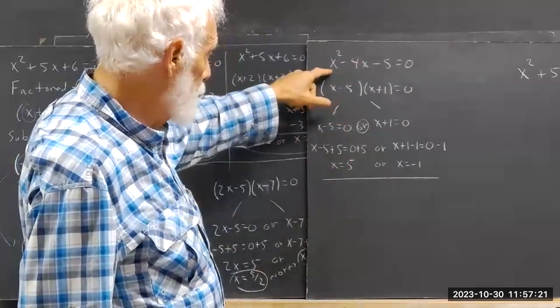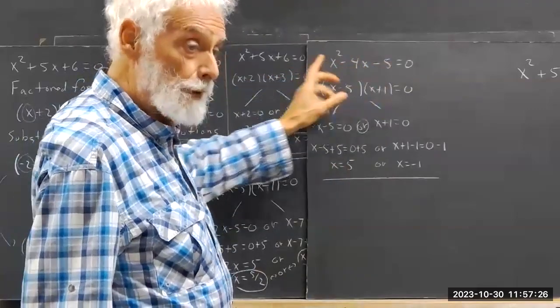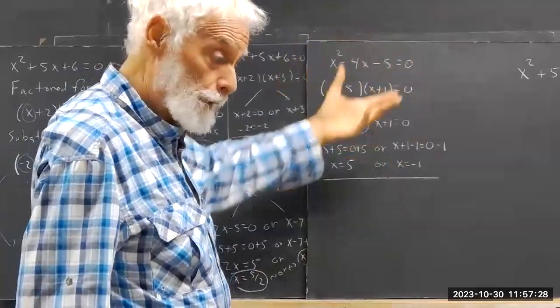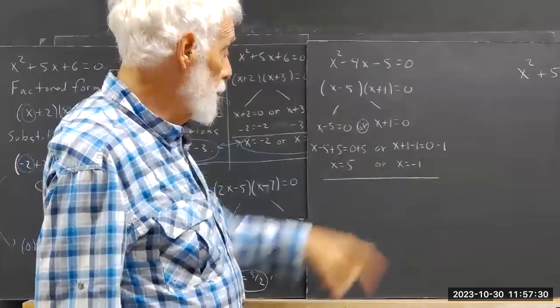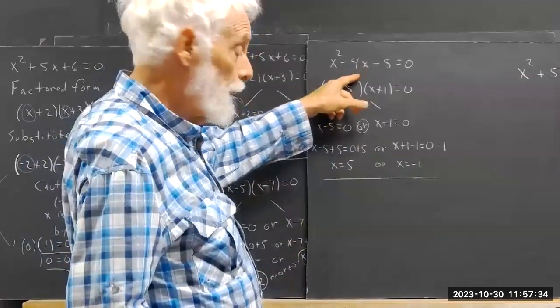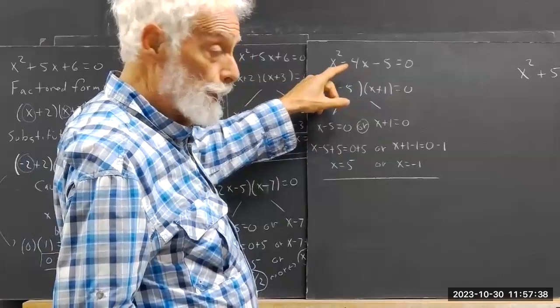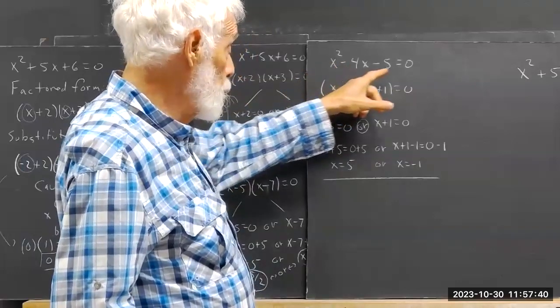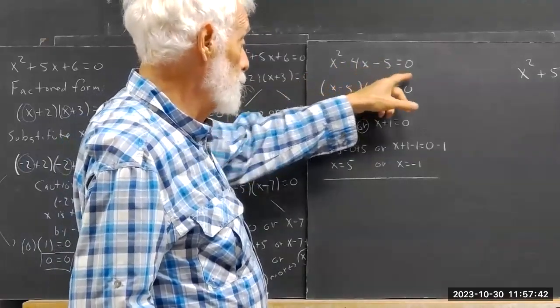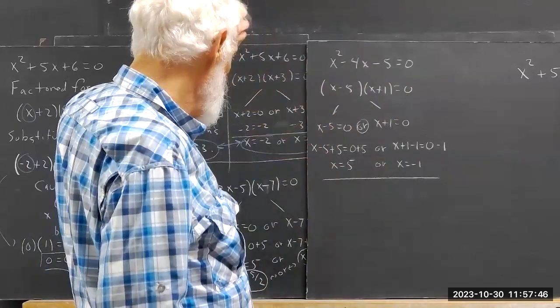We plug 5 in up here, we get 25 minus 20 minus 5, which is 25 minus 25, and that's 0. We plug in -1, x squared is 1, and then we have minus 4x, which is minus 4 times -1, that's plus 4. So we have 1 plus 4, which is 5, minus 5 equals 0. And you can plug those in and write them out yourself.